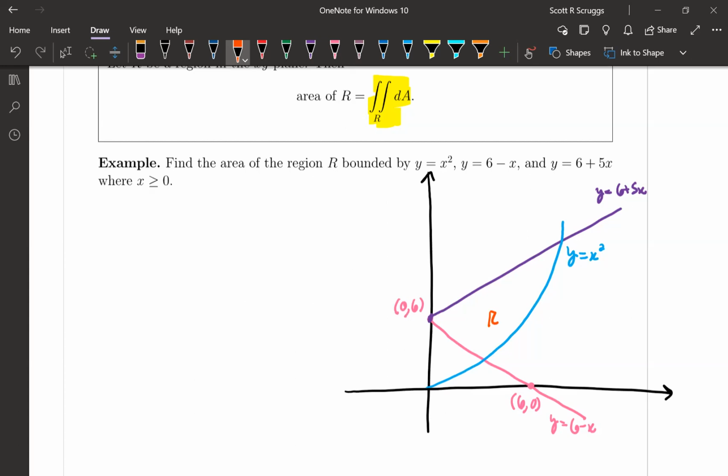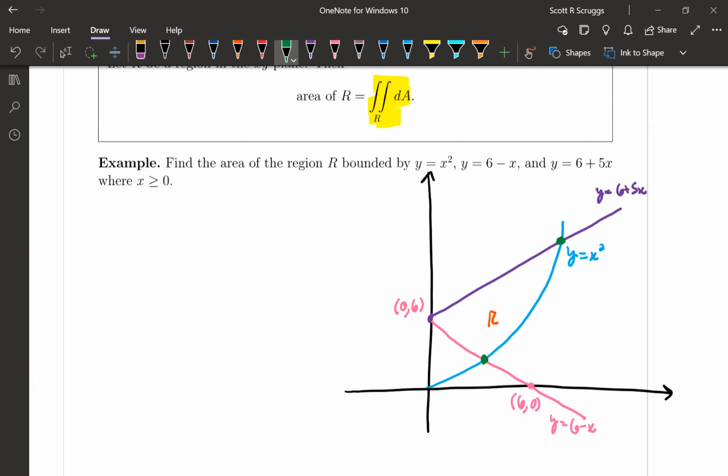And my goal for this example is I want to get the area of my region. And the reason why is that's going to help me when we set up my regions for that.